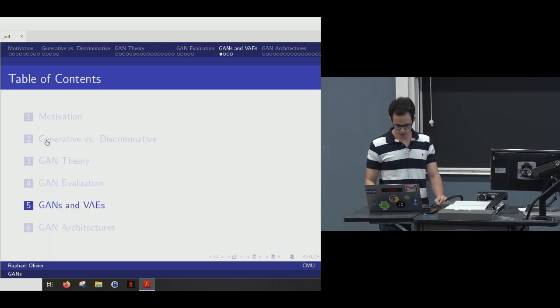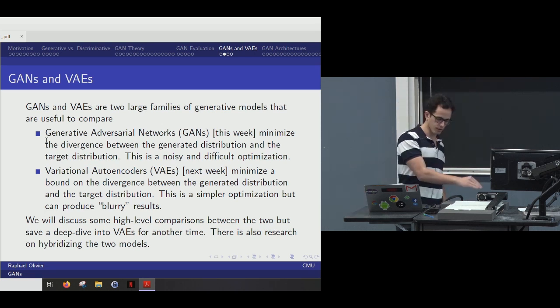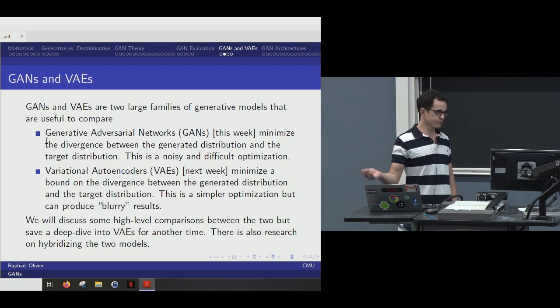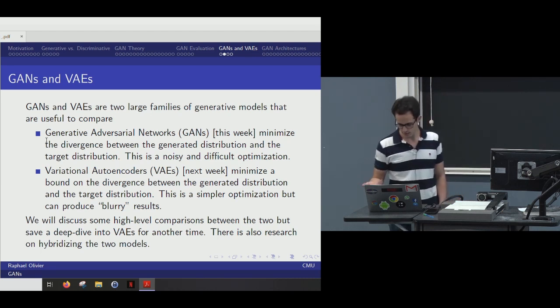All right. So about VAEs, we're not going to go into too many details because you're going to see them later, but we're just going to do some high-level comparison. GANs actually tackle the problem of minimizing the divergence between the distribution you generate and the original one, and because that's not really possible with traditional loss functions, we resort to this min-max problem, and we've been over that.